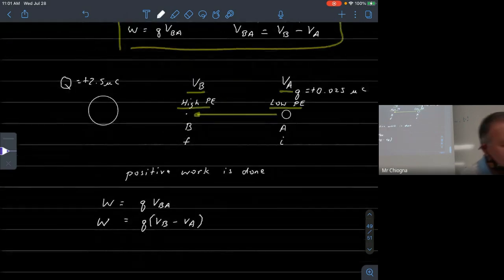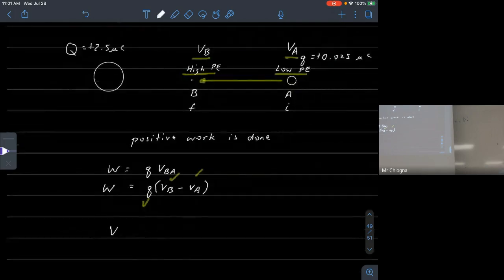Okay. So what do we need to calculate the work? We have the small q. What we need now to calculate are VA and VB. What is the electric potential at A? What's it given by? This. You use the big Q, not the small q, to calculate electric potential.